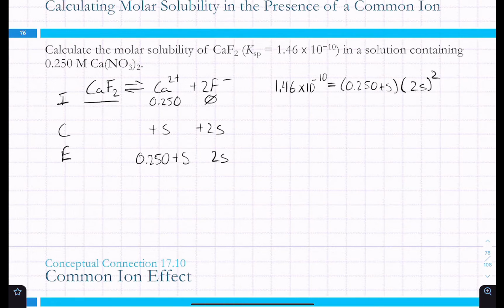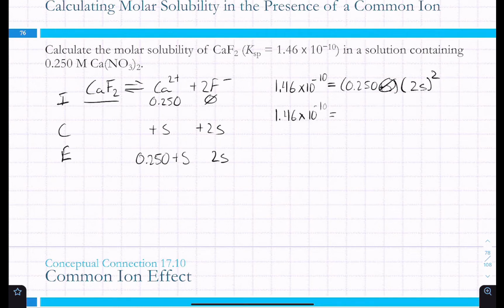It's probably so small that it doesn't even matter. So we can just make that small s approximation. We're making that approximation based on the knowledge that it makes our solid dissolve even less, and of course to avoid another quadratic equation.